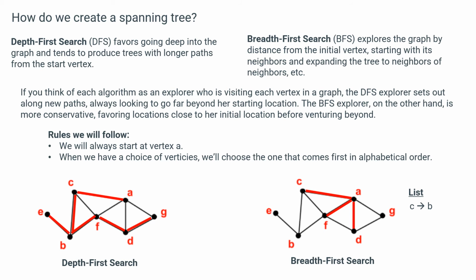Okay, so now we have one more neighbor to visit from A, and that's G. So I'll mark that, and I'll think, does G have any neighbors I need to put on my list? And no, because it has neighbors, but those neighbors have already been visited, so I'm good there.